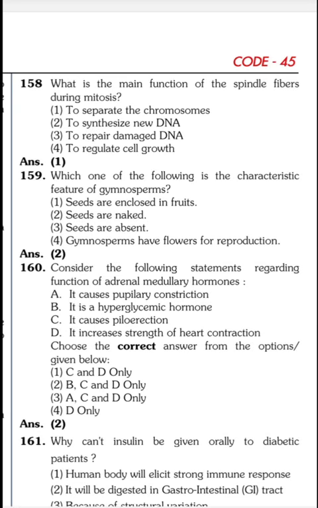Then the next question is, consider the following statements regarding adrenal medullary hormones. It causes pupillary constriction. See, adrenal medullary hormones are adrenaline, noradrenaline. It is a hyperglycemic hormone. It causes piloerection. It increases strength of heart contraction. Choose the correct answer from the options given below.